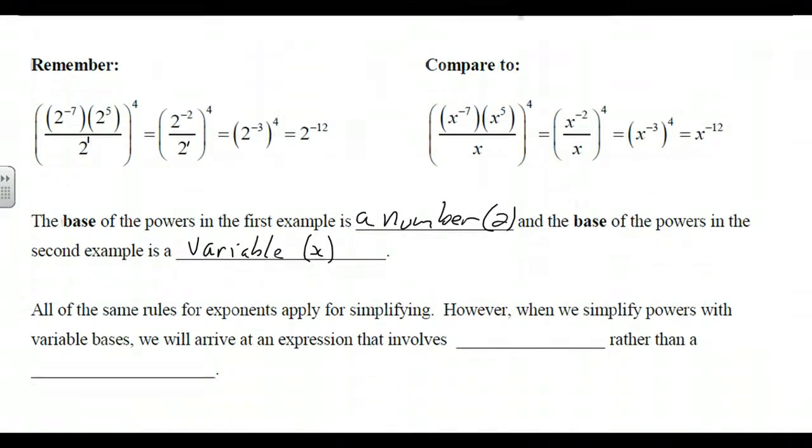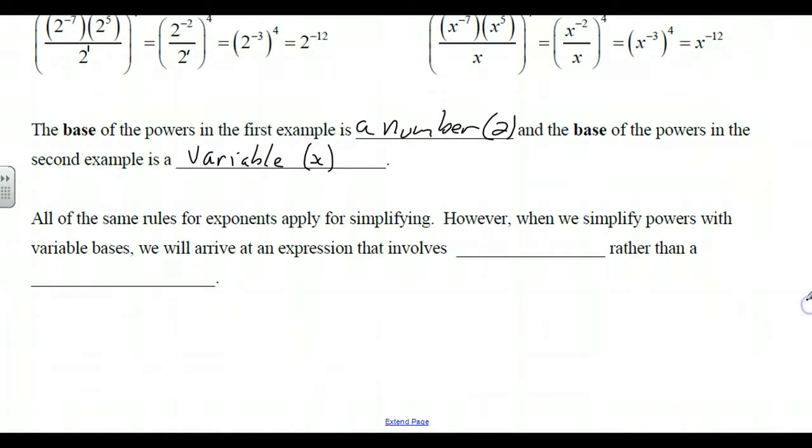All of the same rules for exponents apply for simplifying. However, when we simplify powers with variable bases, we will arrive at an expression that involves variables rather than a number.